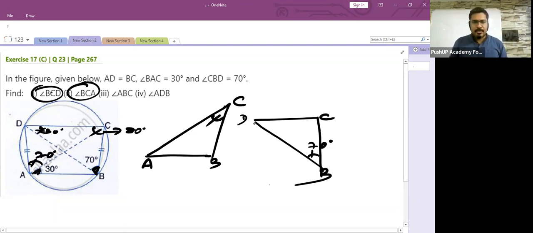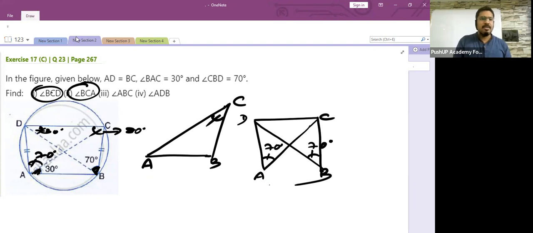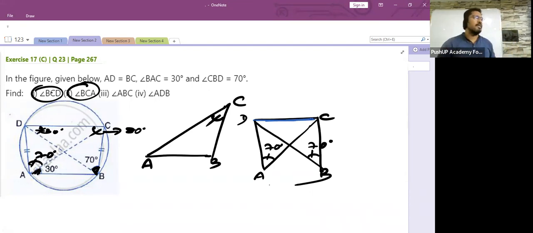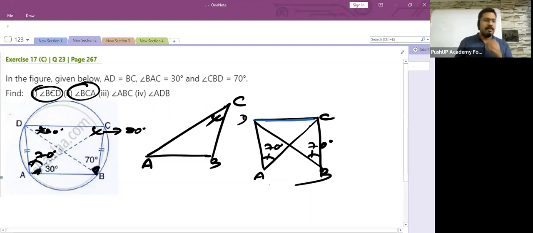Now, if I ask you, how much would be angle DAC? Angle DAC will also be equal to 70 degrees. And what is the reason behind it? Both angle DAC and DBC are the angles subtended by the same chord on the circumference. All right, so I can write here 70 degrees.